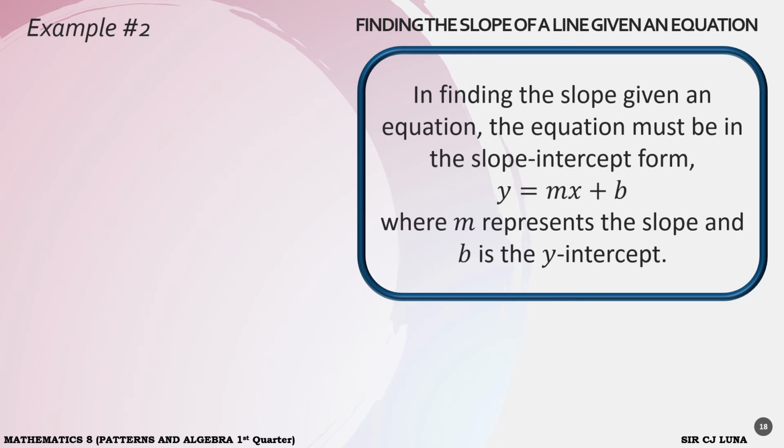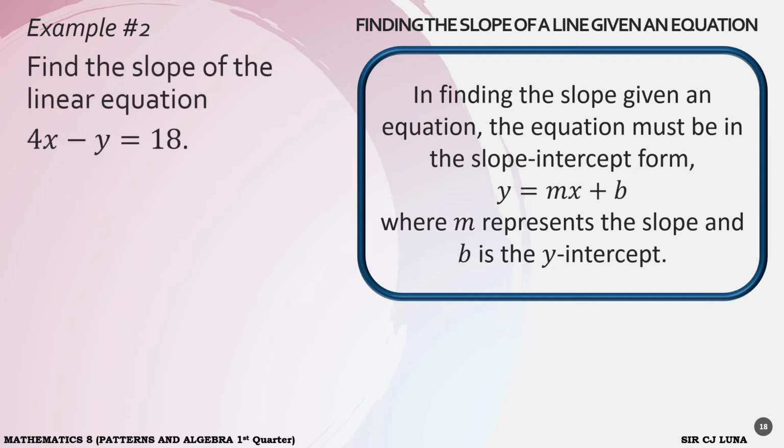We have another way to find the slope of a line if the given is an equation. So here, our equation must be in the slope-intercept form. Y equals mx plus b, where m represents the slope and b is the y-intercept. Let's have our example in example number 1. 4x minus y equals 18.